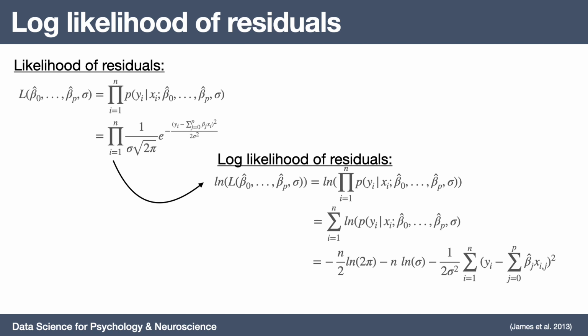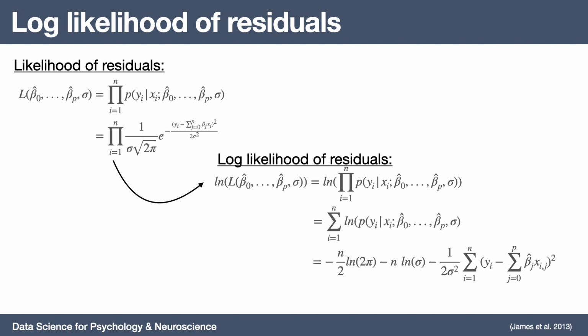So the log likelihood of a Gaussian distribution of errors comes down to negative n over 2 times the natural log of 2 pi, minus n times the natural log of sigma, that model variance, minus 1 over 2 sigma squared times the sum of all observations 1 through n of the difference between yi, that observation, and the model that you use to predict yi from the regression coefficients that you fit, squared.